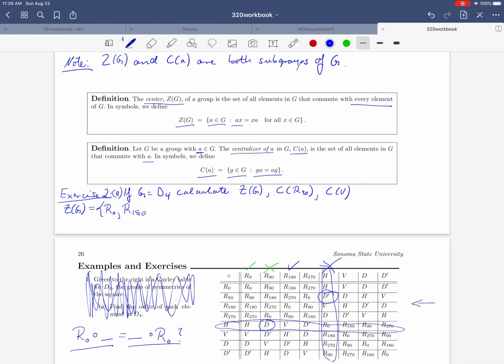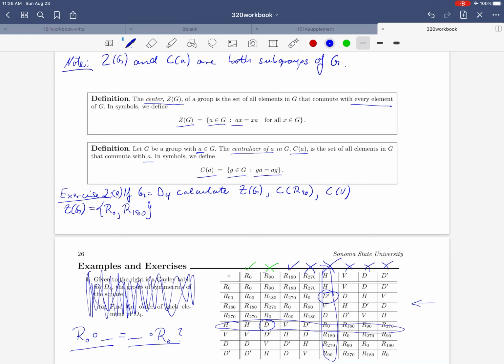And you will find that actually none of the other elements are in the center. R0 and R180 are the only ones. You can convince yourself that that is true by checking each and every one of them. So R270 is not in there, V is not in there, D is not in there, D prime is not in there. You will find something that does not commute with each of those elements.